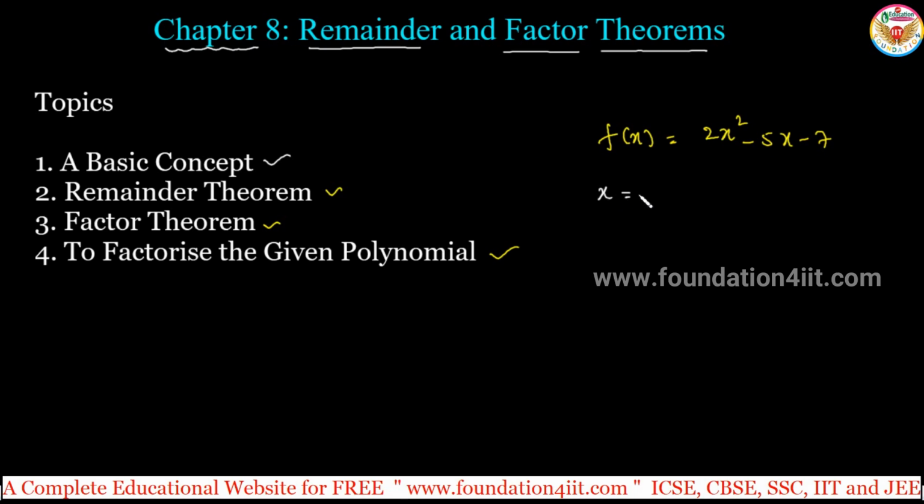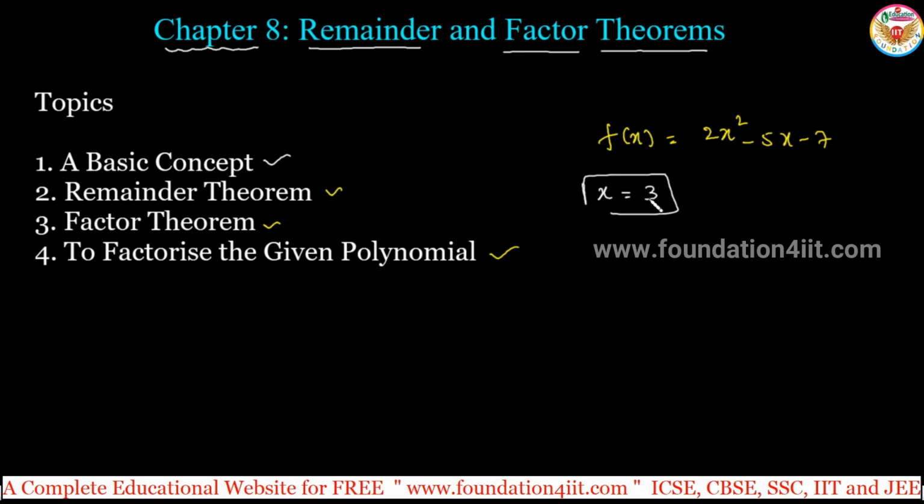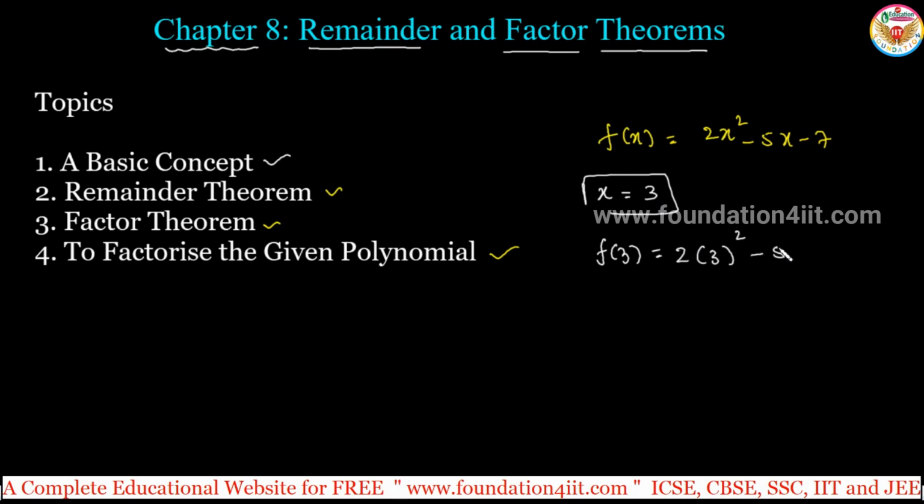For example, if x is equal to 3, f of x is 2x square minus 5x minus 7, and its value depends on the value of x. So let us say x is equal to 3. Then f of 3: wherever x is there, we replace it with the number 3. So 2 into 3 square minus 5 into 3 minus 7.